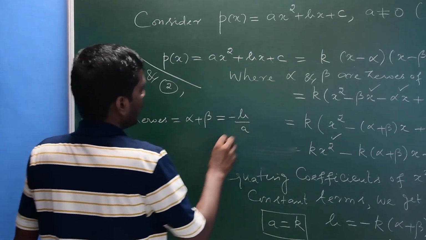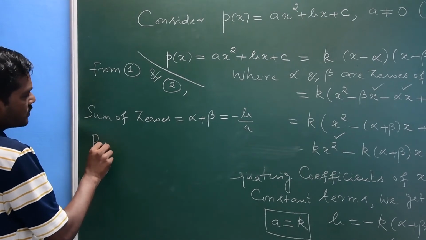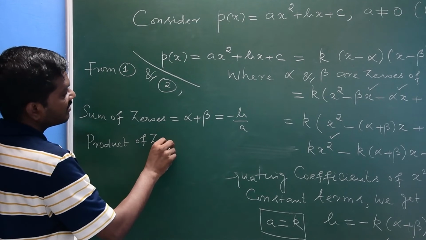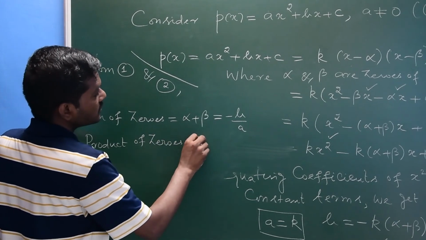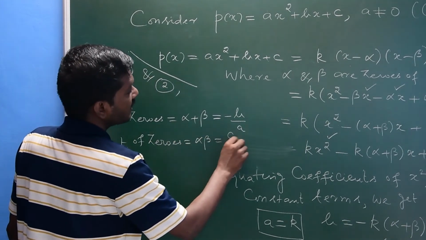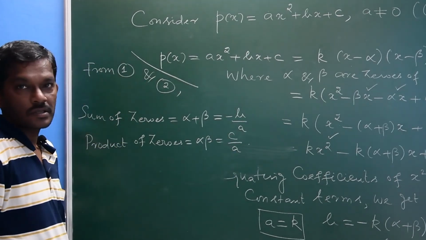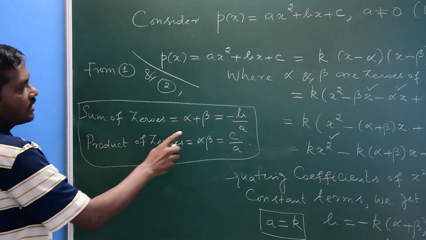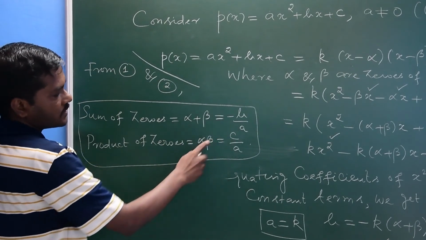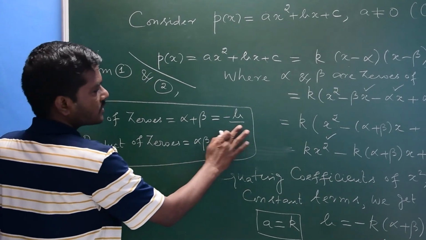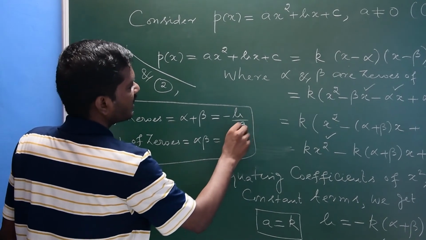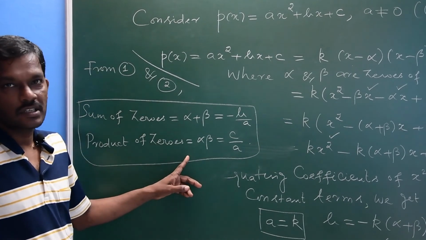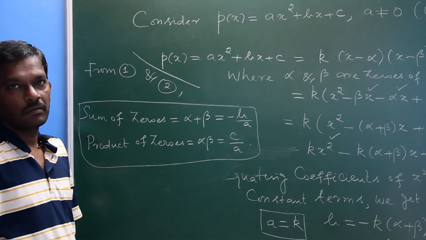So this is the formula, and the product of zeros, which is alpha beta, is c by a. So this is the relationship between zeros and coefficients, minus b by a, c by a. This is the relationship between zeros and coefficients.